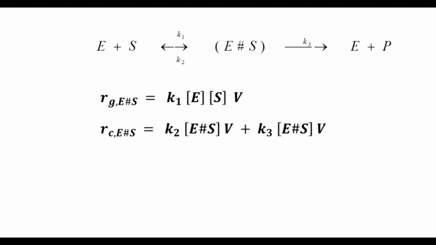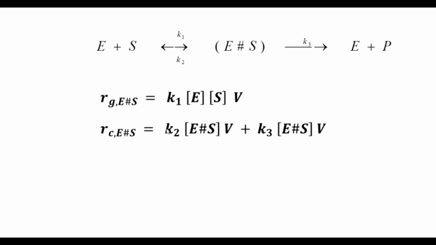And the rate of consumption of the enzyme substrate complex, as you see here, it is consumed through the reverse reaction with the rate constant K2 and this reaction with a rate constant K3. The consumption is K2 into concentration of the enzyme substrate into the volume plus the K3 into the concentration of the enzyme substrate complex into the volume here.